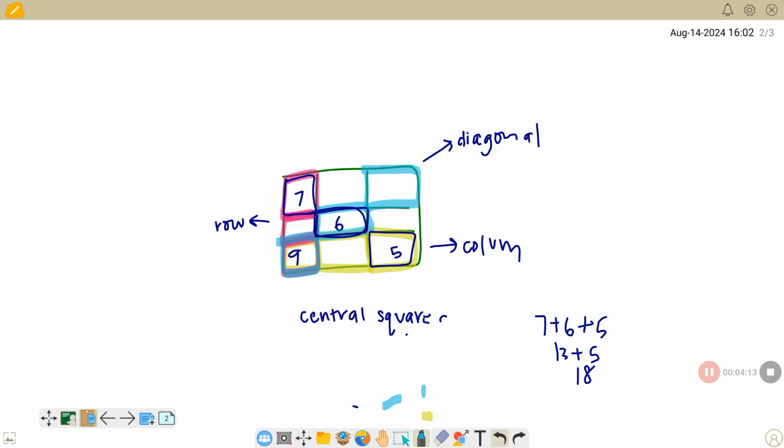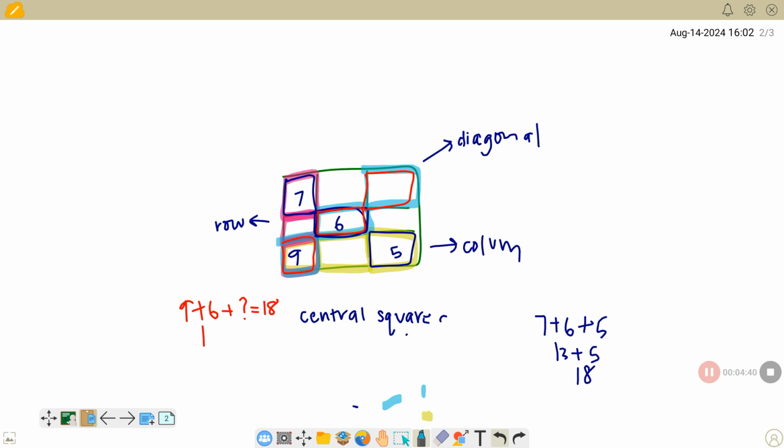First, we know that 7 plus 6 plus 5 is 18. So that means we can also figure out the other diagonal. We have 9 plus 6 plus question mark, because we don't know what this one is yet, do we? No. Is equal to 18.